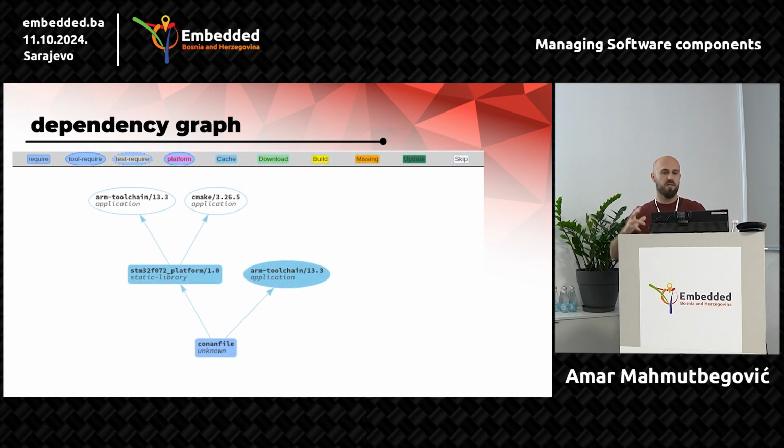So we see that our Conan file, that our recipe depends on STM32 platform and ARM toolchain. And we see that STM32 depends on ARM toolchain and CMake. So this is why we have dependency on CMake in our case.